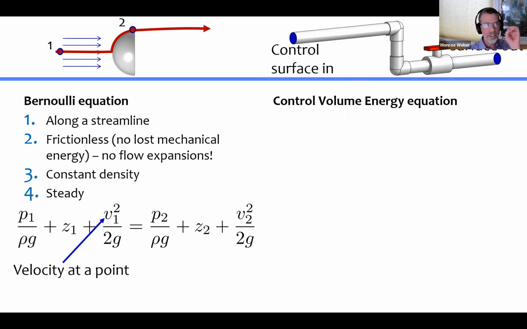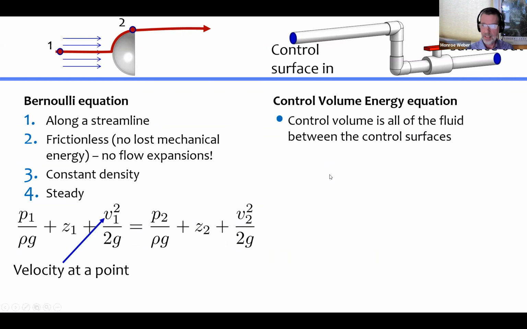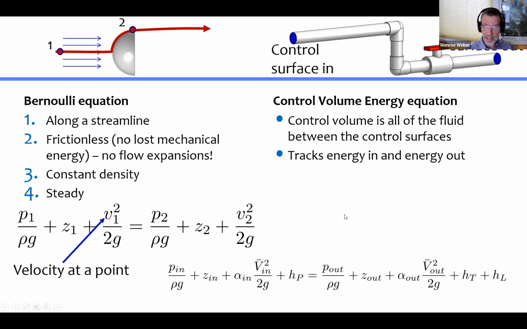You're tracking what's going in and what's going out, and then doing the math on what must on average be happening inside. But you don't get any detail about what's happening inside. So the control volume is all the fluid between the two blue surfaces that I've drawn. You're tracking energy in and out.